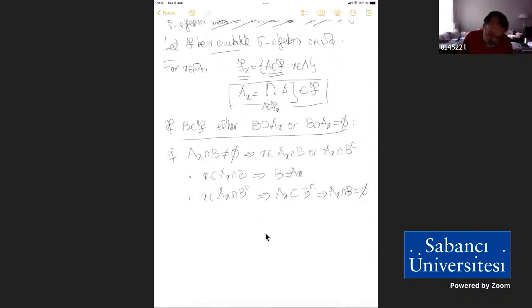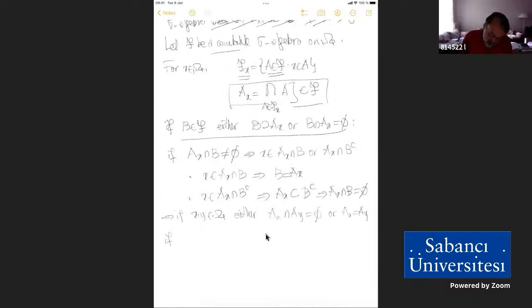Hence, if we take any two elements x and y of omega, then either Ax intersection Ay is empty or Ax is equal to Ay. Let's see what happens if they are not empty.